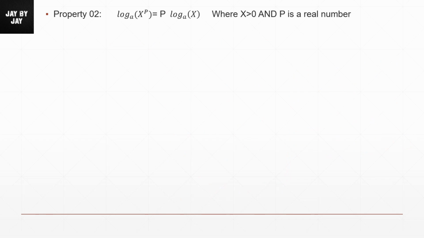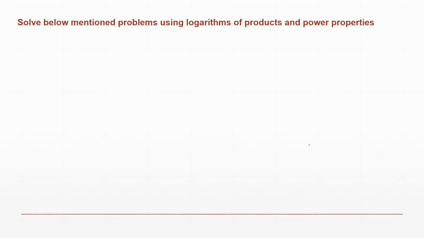So let's move to some examples. In these problems, the question is given as: solve the below mentioned problem using the logarithm of products and power properties. You should make sure you only use the logarithm of products, log a to the xp, and the power property, log a to the x^p.